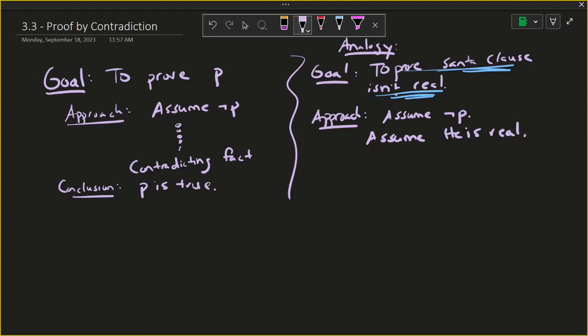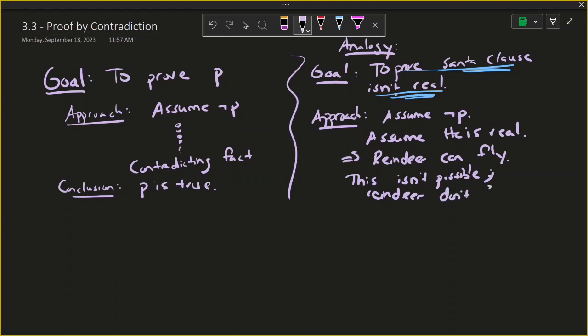Assume he is real, and then according to the legend, if he is real, then that implies that reindeer can fly. But that's already our contradicting fact. This isn't possible. Reindeer do not in fact fly, so they don't fly.